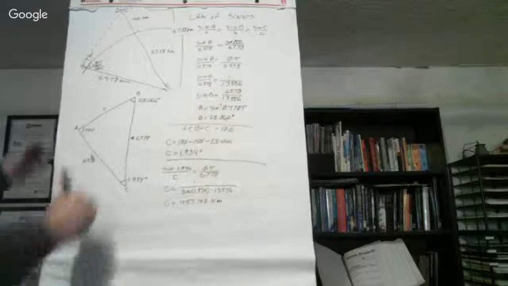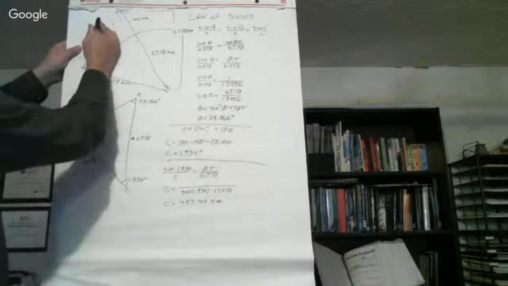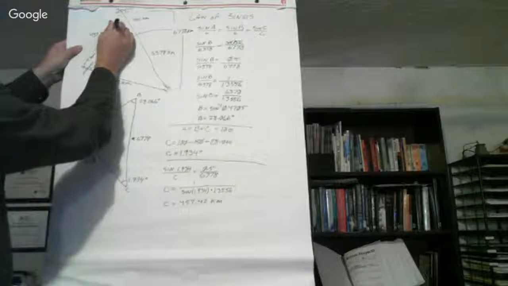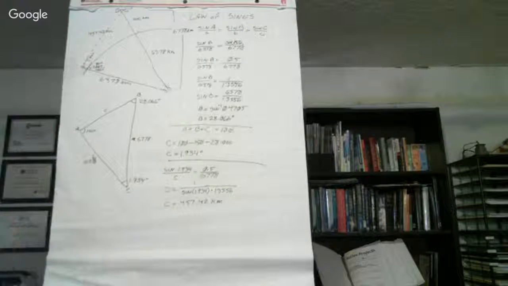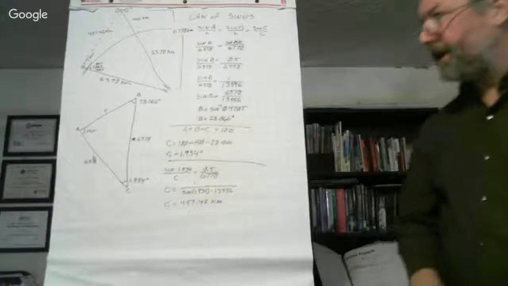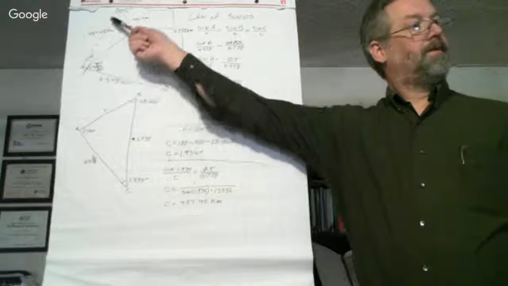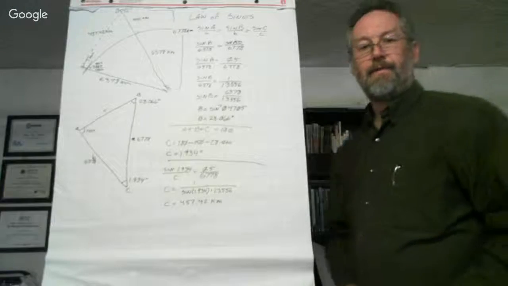We have just solved this. 457.42 kilometers is the range here. Now, question is, what good does it do? Truth of the matter is that this allows us to know exactly how much loss we have of the signal.